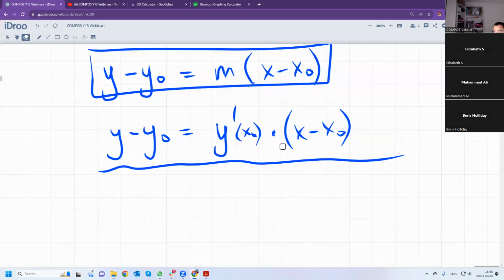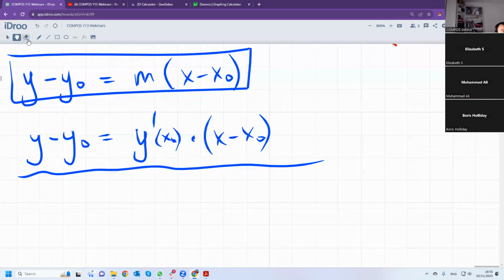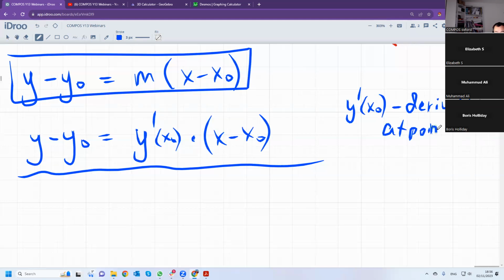Type 0 if you don't understand it. Y prime x0 means the derivative of y at point x0.